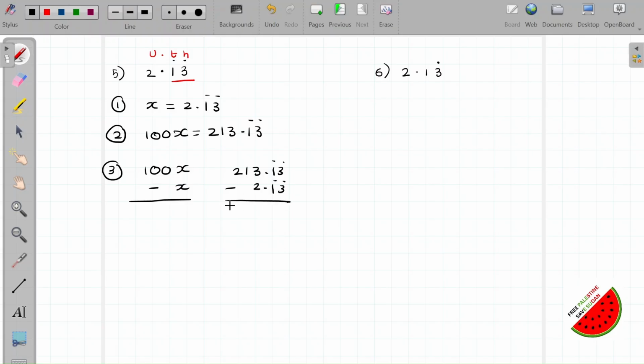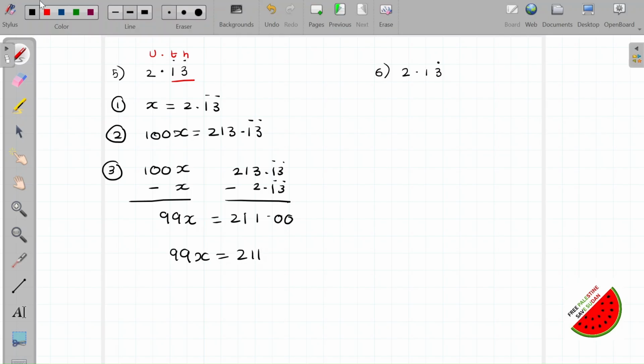And these two will give you 99x is equal to 211. So this will become 0, 0. 3 take away 2 is 1, then 2, 11, 4. So yep, 99x is equal to 211.